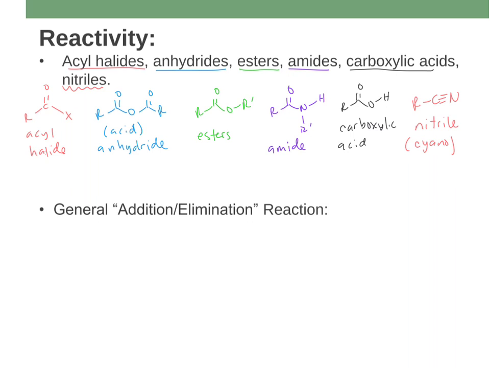Now the key thing with all of these carboxylic acid derivatives is that it's a carbon with 3 bonds to a very electronegative element. That's what they all have in common.